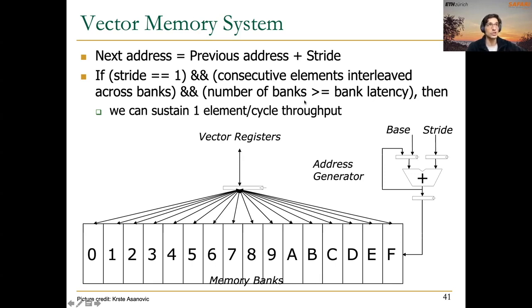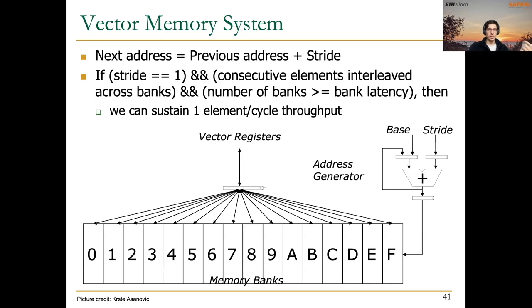This condition is important because if you want to get 1 element every cycle when the memory starts outputting the elements, you need to have more banks than the latency, right? Because this way, before you finish sending addresses to the different banks, you're already receiving data from the initial banks.